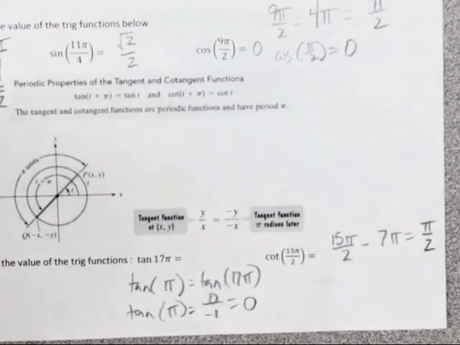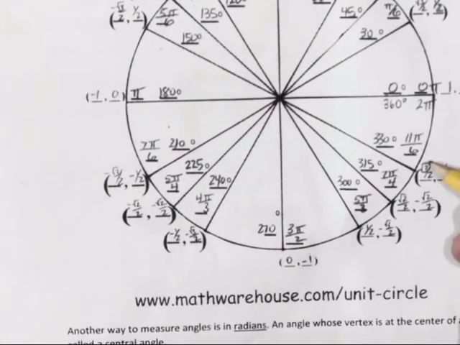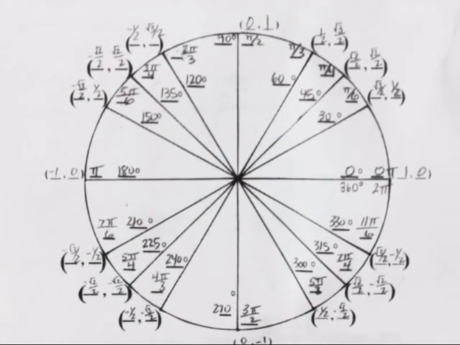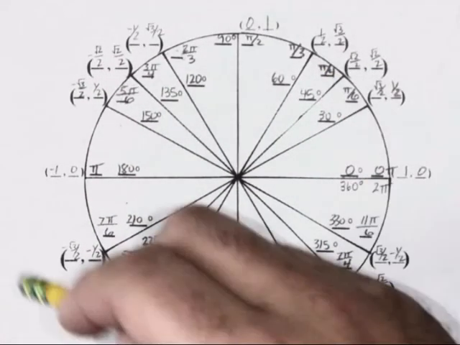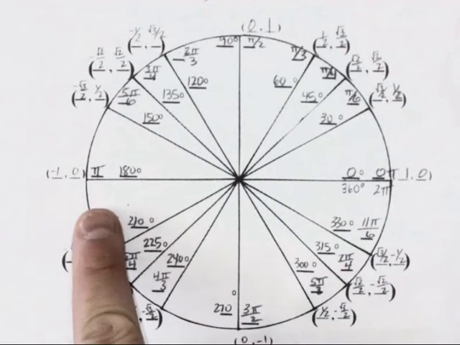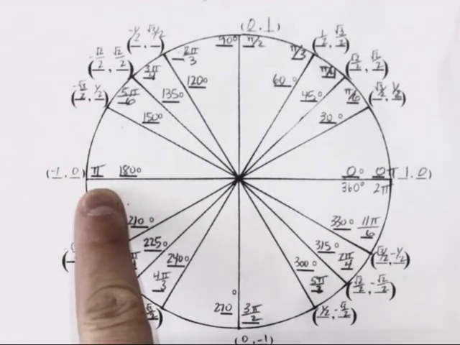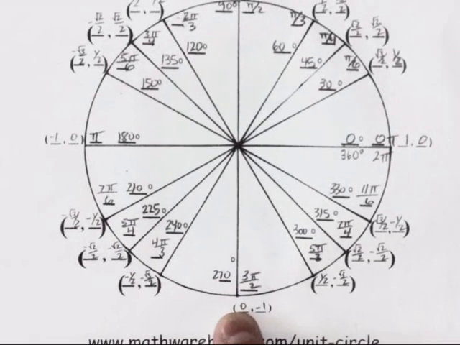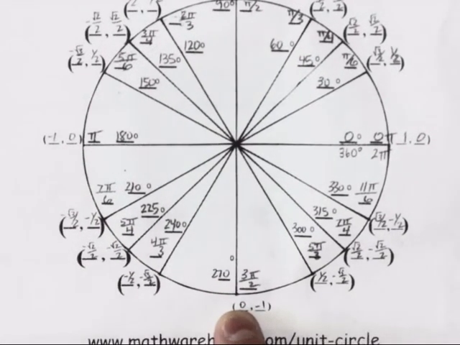One thing to keep in mind is that when I do 7 pi of rotation, I'm doing 3 full rotations and then another half rotation, which would put me here. Then pi over 2 is another quarter of a rotation, which is going to put me here at 3 pi over 2.